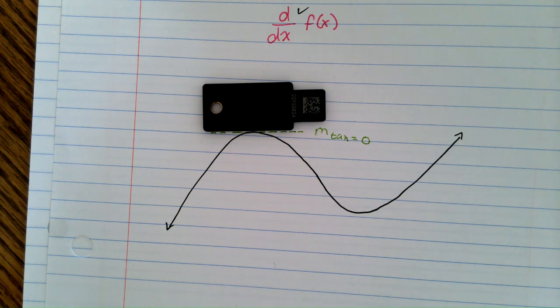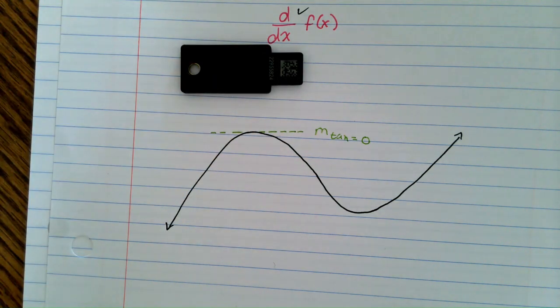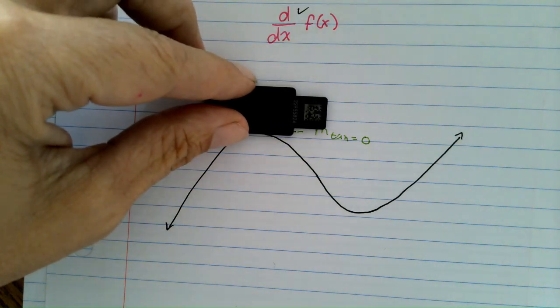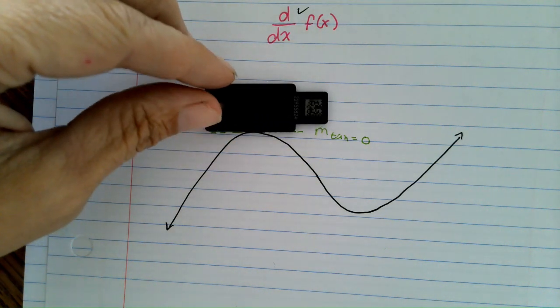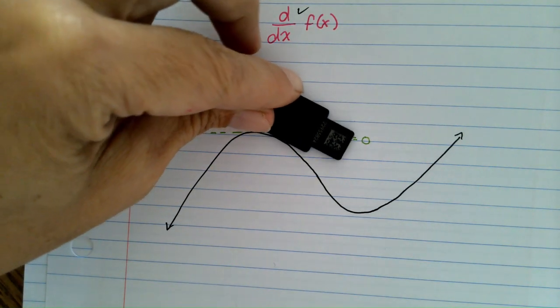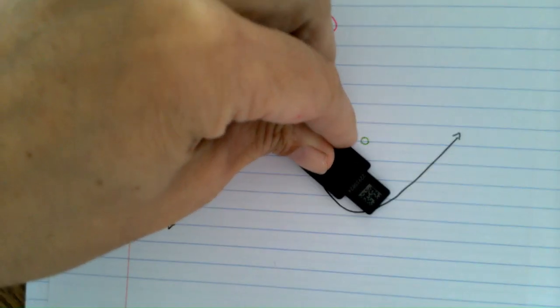It has to hit a velocity of 0. And that happened at the peak, right? So when you're at a peak, your velocity has to hit 0 because now you have to come down, right?